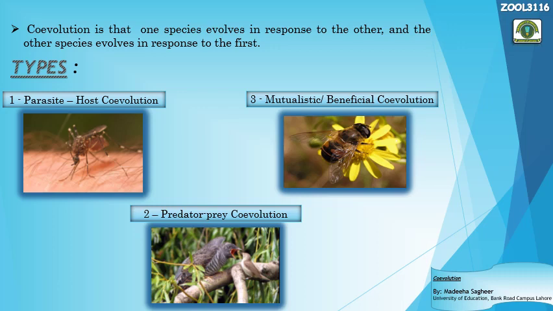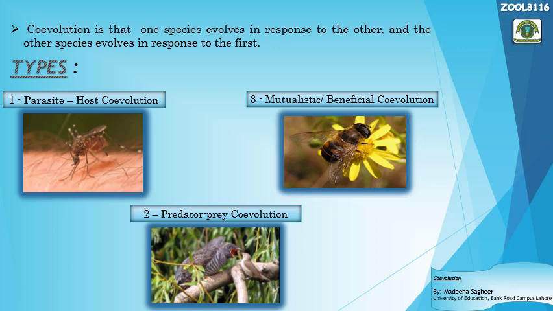Now let's come towards the different types of coevolution. The type of coevolution depends on the type of interaction, or the type of relationship, that the two species have between them. So the type of relationship will predict what kind of coevolution we are going to talk about.